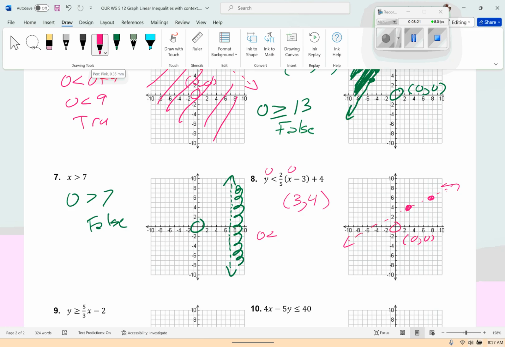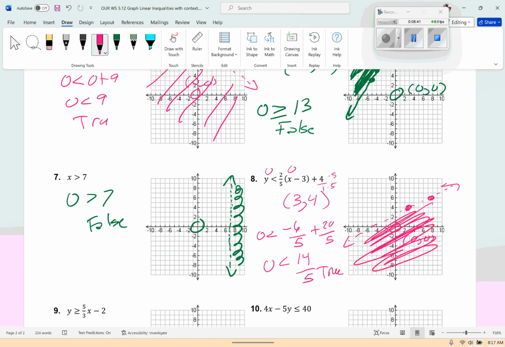Negative 3 times that is negative 6/5. Let's make that common denominator, so I'm going to make that plus 20 over 5. 0 is less than 14 over 5. Is 0 less than a positive number? No. Or yes, this is true. So I'm going to shade the underside where the 0, 0 was.